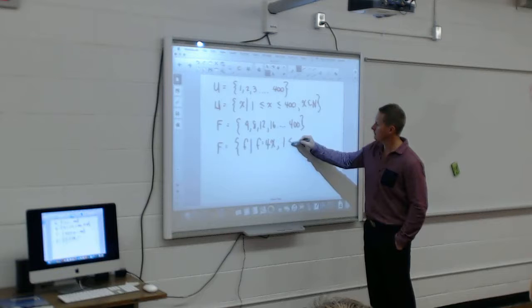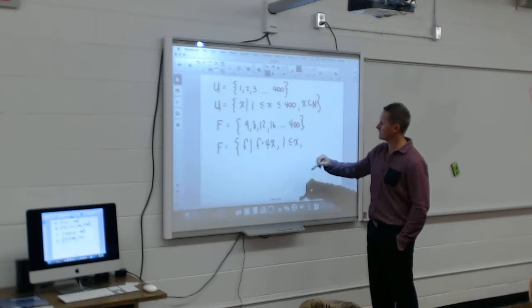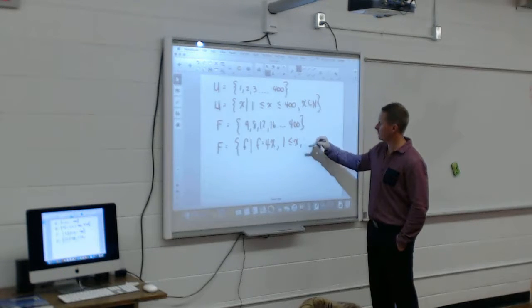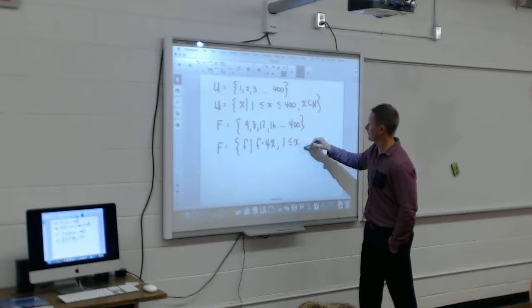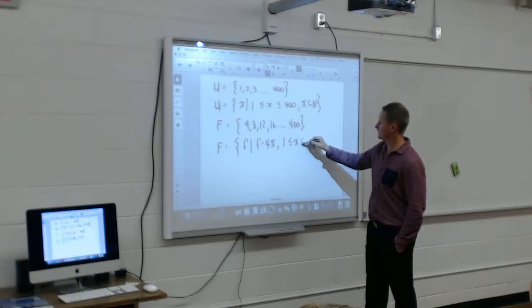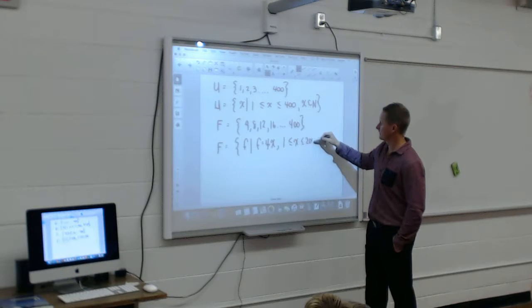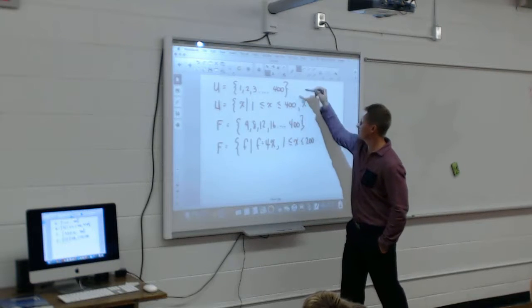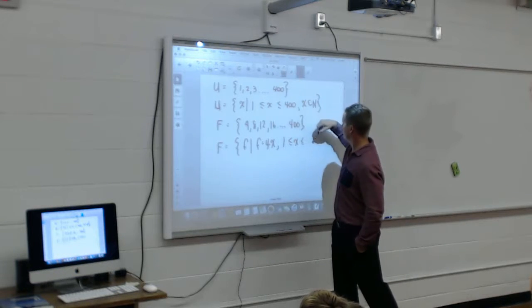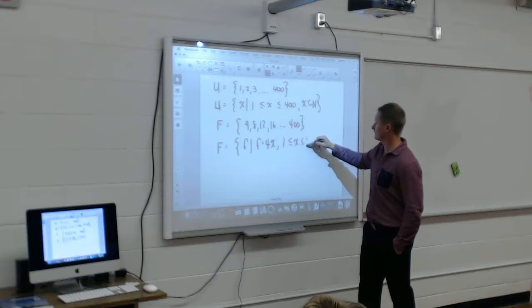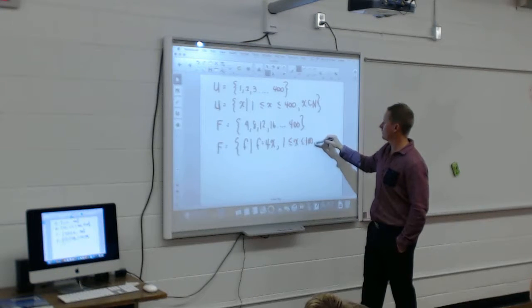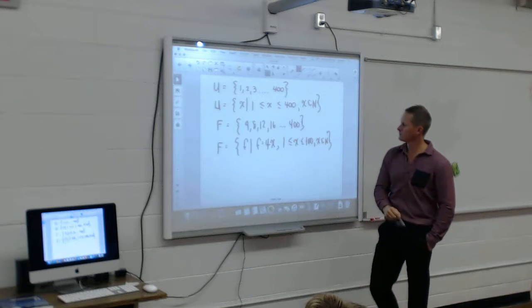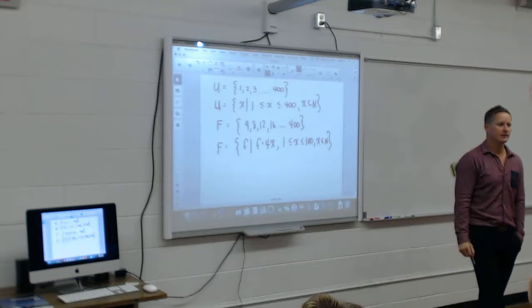So I go 1 less than or equal to x, less than or equal to 100, where x is an element of the natural numbers. Like I said, this is the hard part.